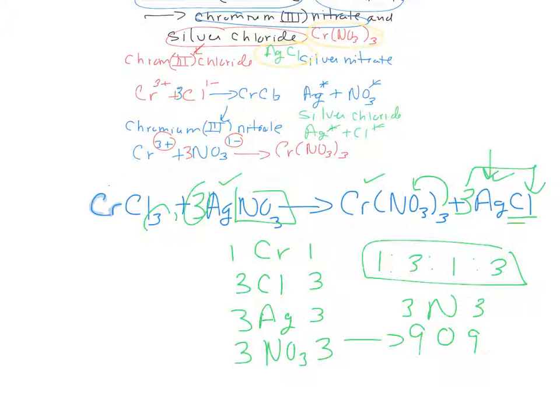All right, now the next thing we have to do is assign states of matter for all of these compounds. Let's clean this up a bit and make this cleaner by writing 1 to 3 to 1 to 3.